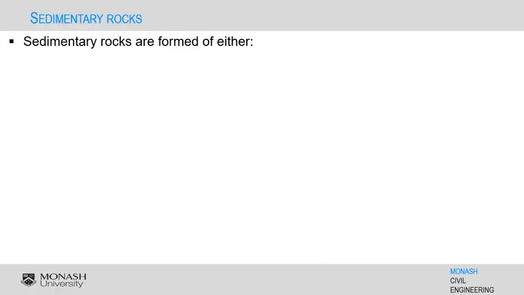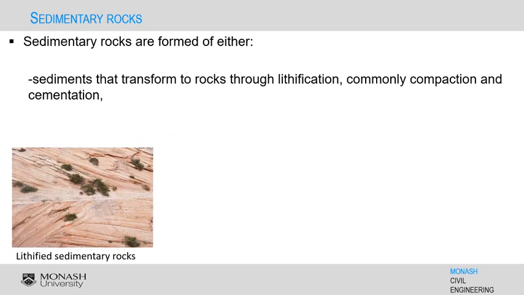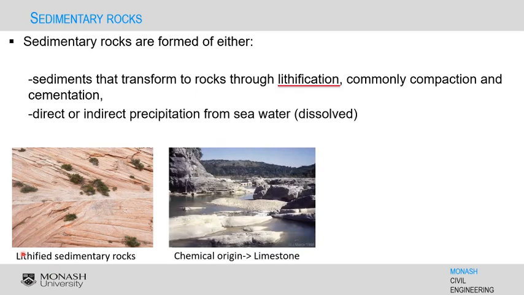Sedimentary rocks are formed mainly in three ways. 1. Sediments that transform to rocks through lithification, commonly compaction and cementation. 2. Direct or indirect precipitation from seawater. And 3. Organic origin.